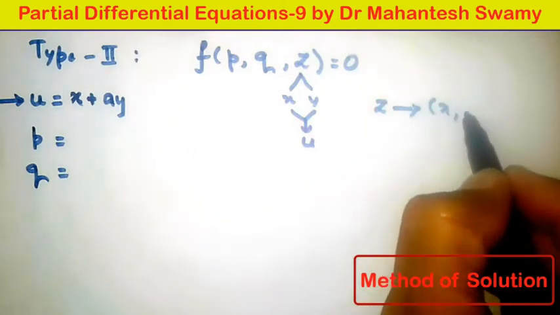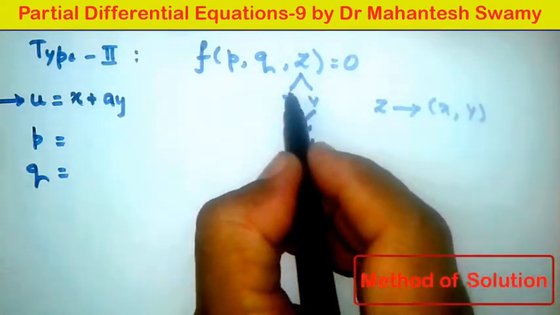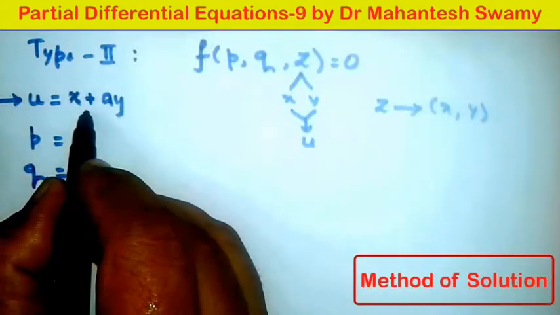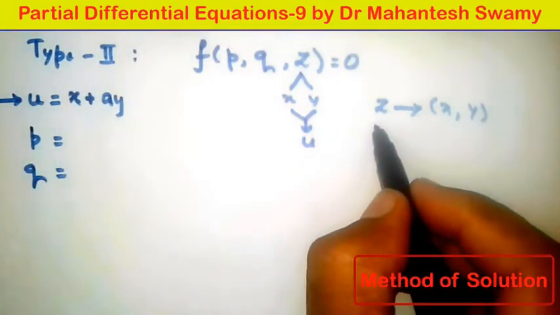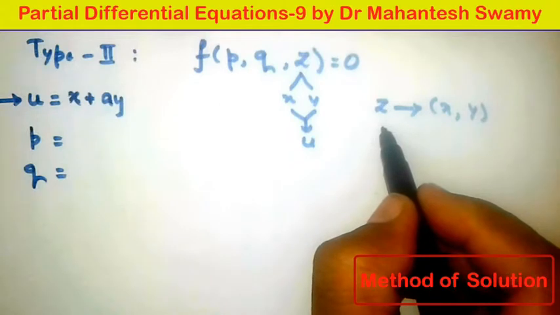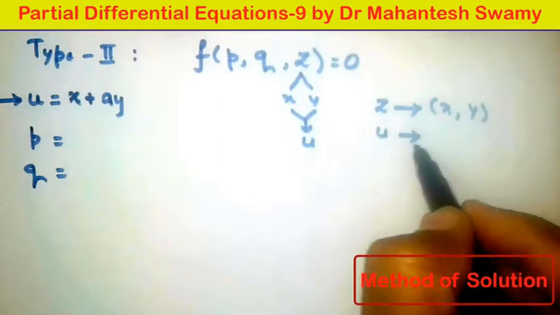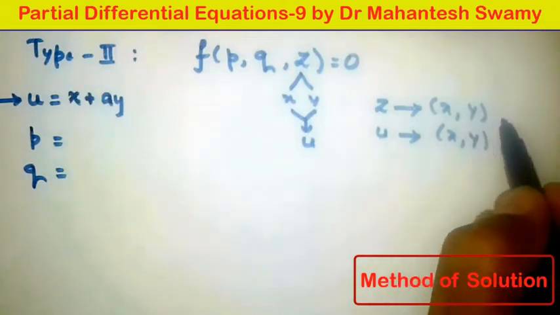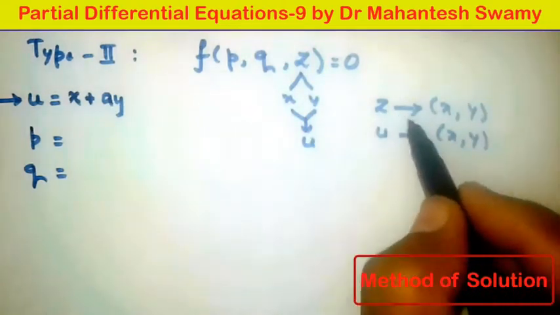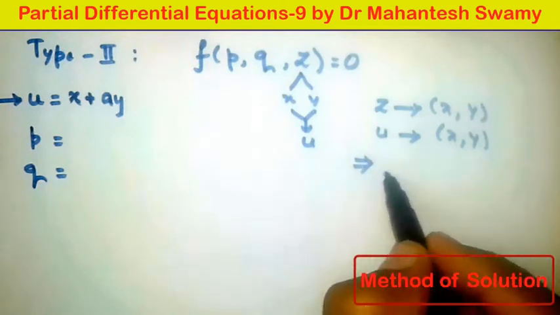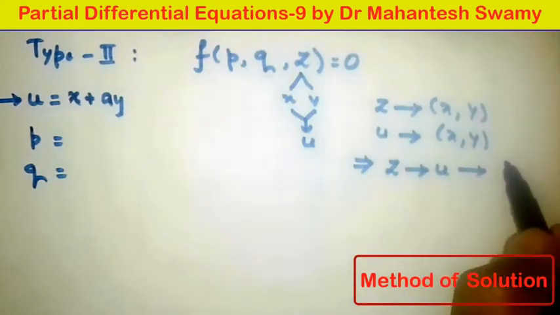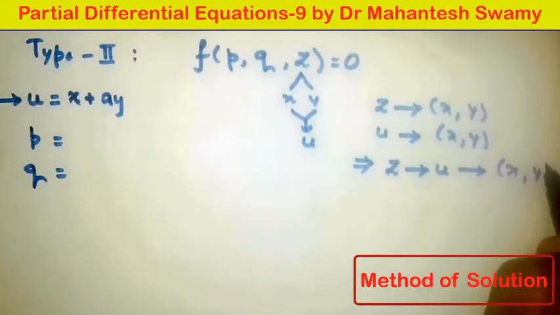We all know it is a function of two independent variables x and y, and through this relation we came to know that u is a function of again the same independent variables x and y. So by this we can think of z as a function of u, and u as a function of the two independent variables x and y.